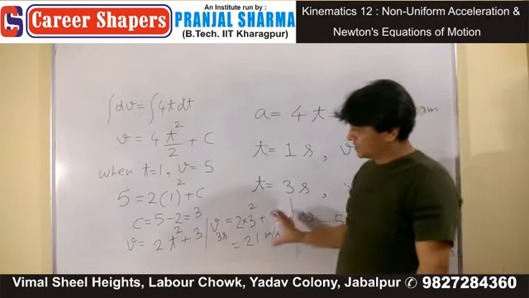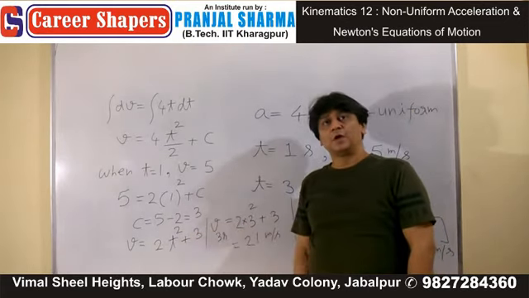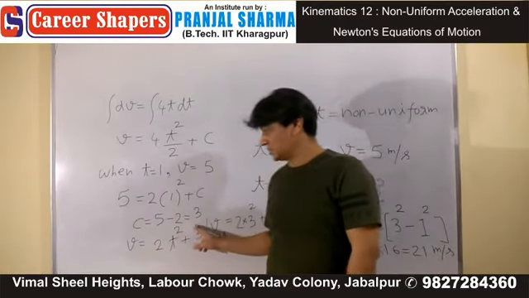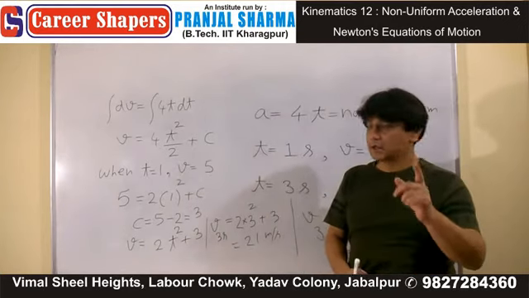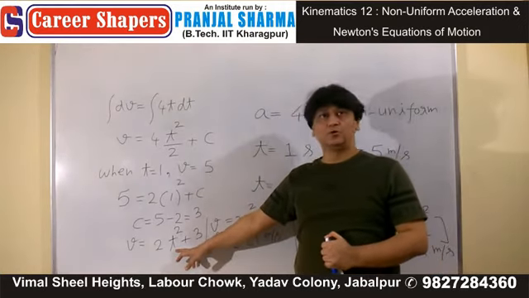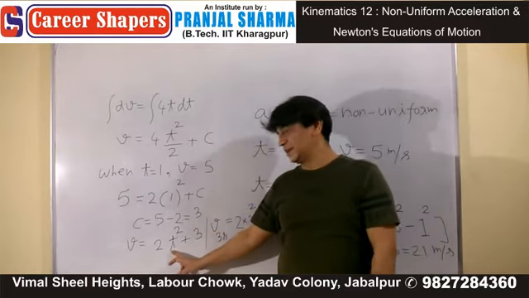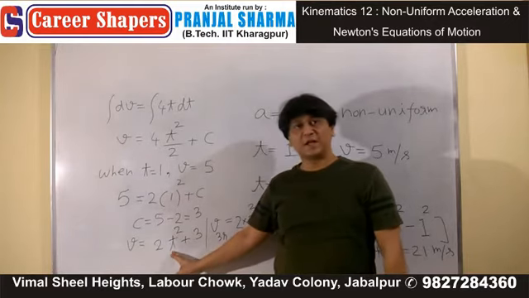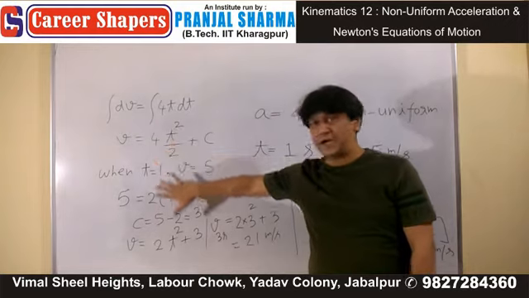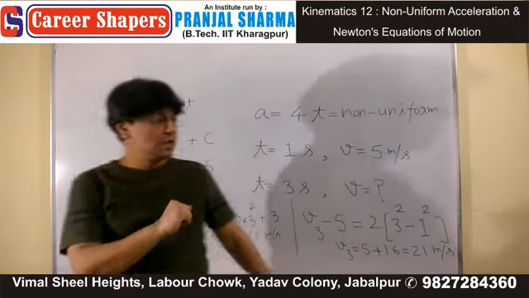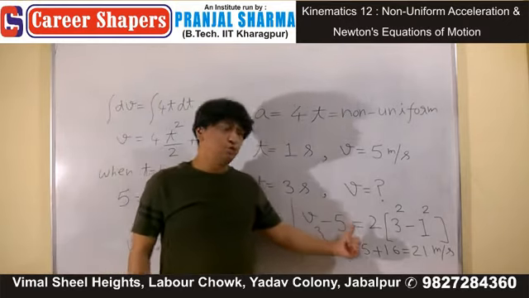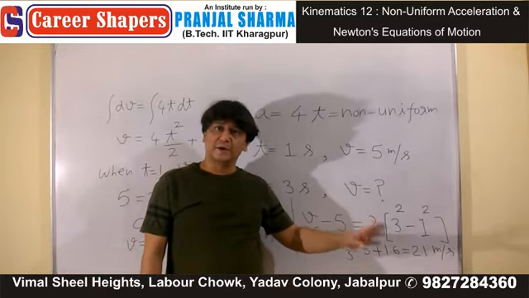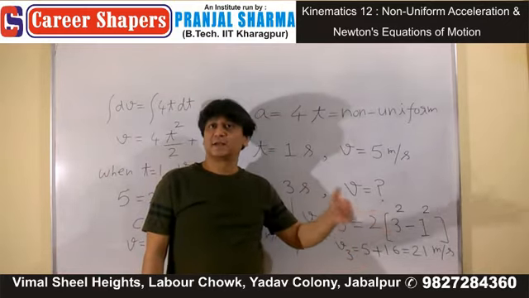What is the advantage of this second approach? When you use the constant of integration, you always get a formula like this. If I ask you what is the velocity when time is 12 seconds, you will simply replace t with 12. If I ask you when time is 30 seconds, you will simply replace t with 30. You don't have to integrate the whole thing. Whereas if somebody is using the approach of limits, then you have to put your limits again and again as they ask in the question.